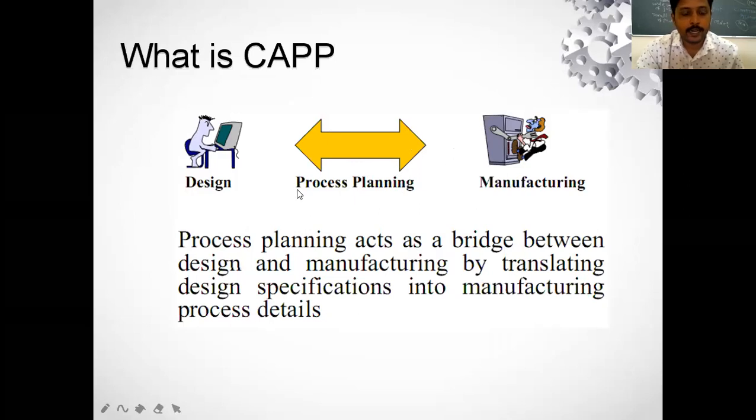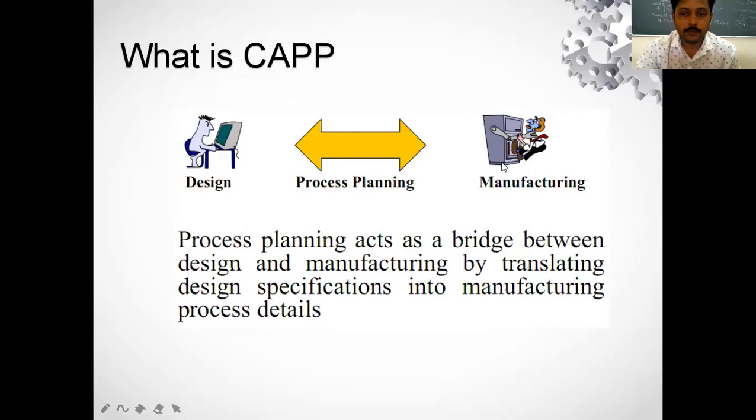So we can say that process planning acts as a bridge between the design area and the manufacturing area. How? By translating design specifications into manufacturing process details.